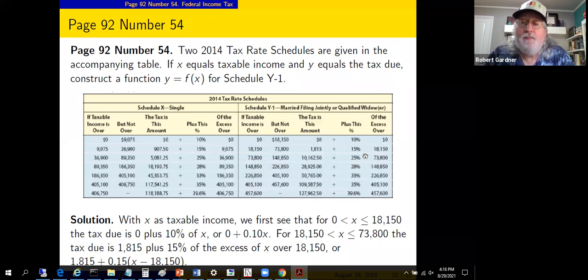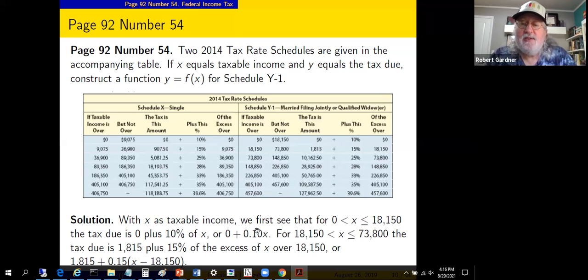Notice this number is the lower number in that tax bracket. So how much more than 18,150 did you make? Well, you made X, subtract 18,150 from it, that's the excess. So you've got the flat number of 1,815 plus 15% of however much more than 18,150 you made.